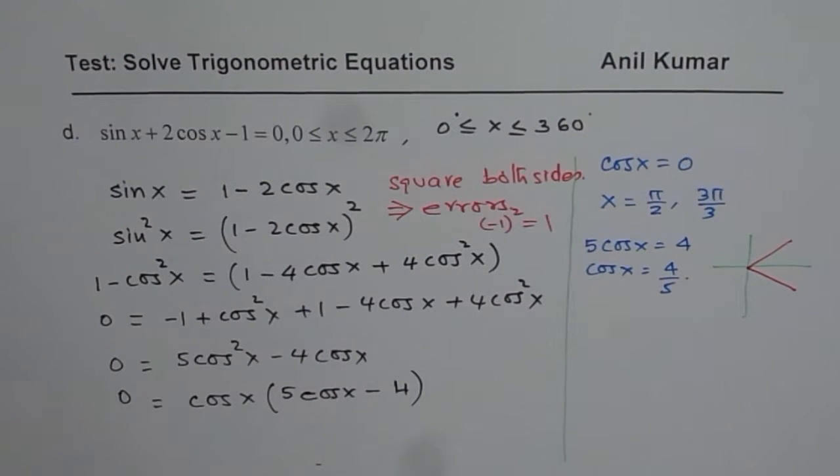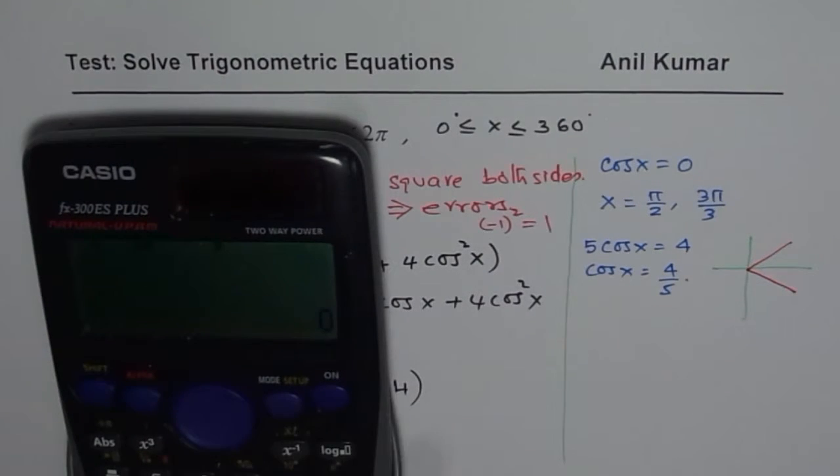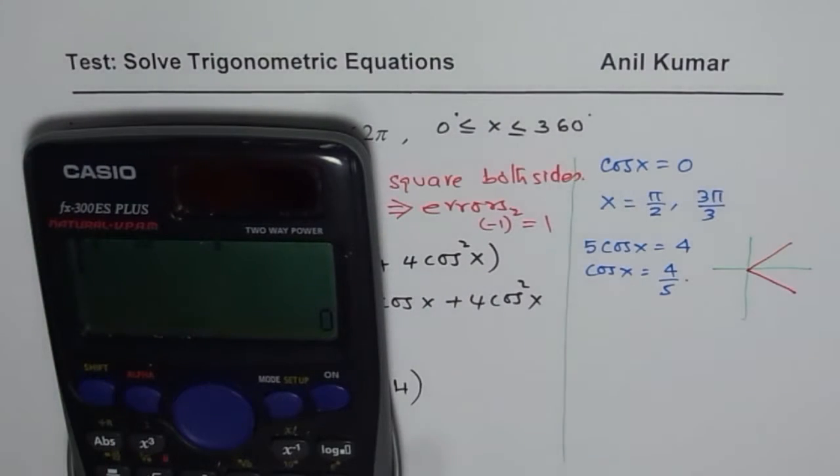So let's find the acute angle for 4 over 5. Shift cos inverse of 4 divided by 5 is equal to 36.86.